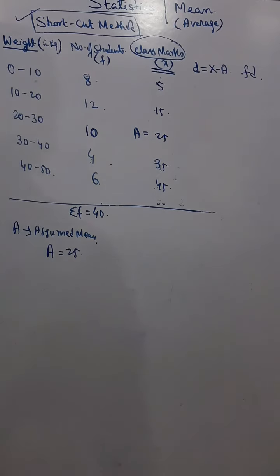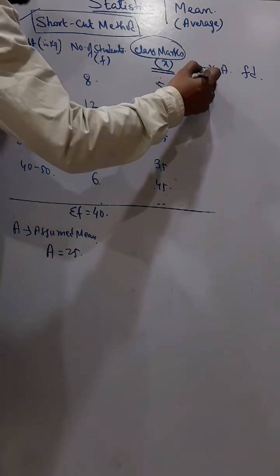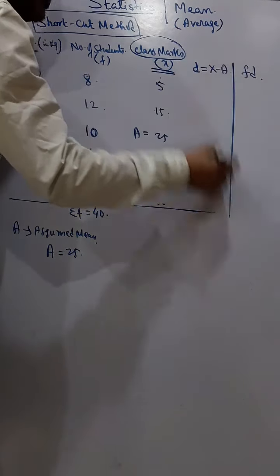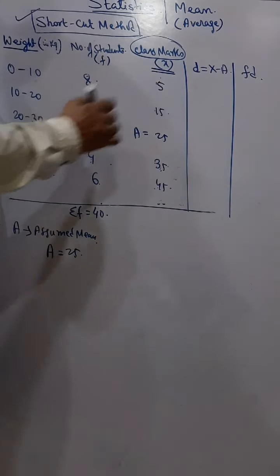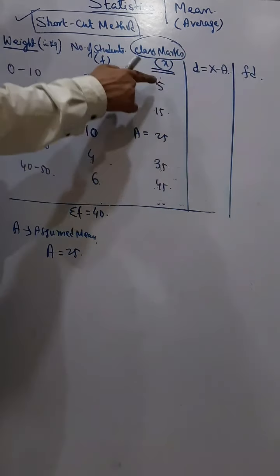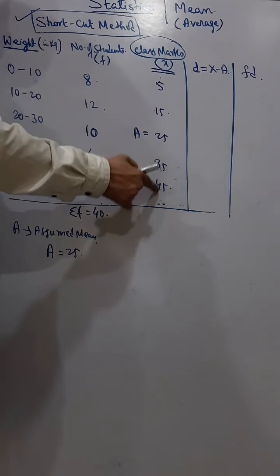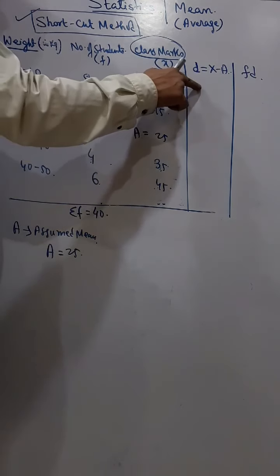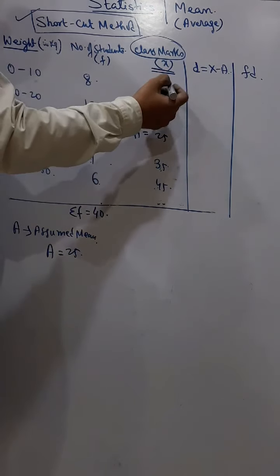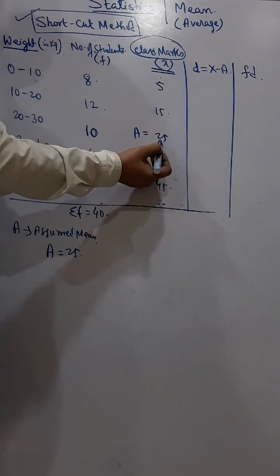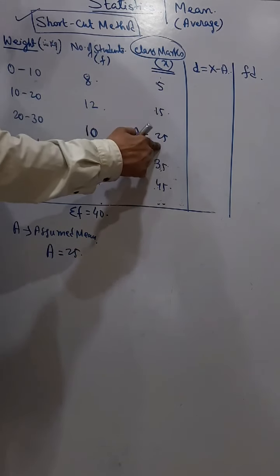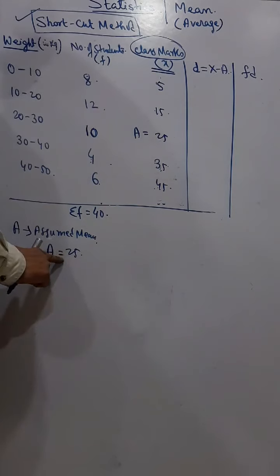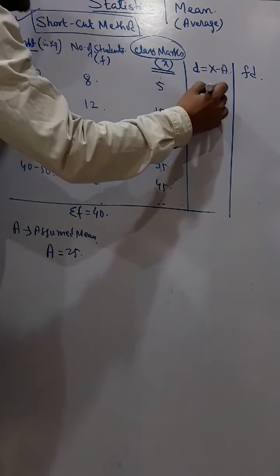Understand? And now we will find the value of d. Now d means x minus a, and x means these values. For the first part, the value of x is 5 and the value of a is 25. So 5 minus 25, you get minus 20.